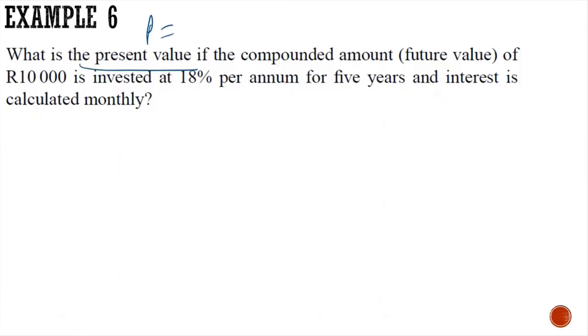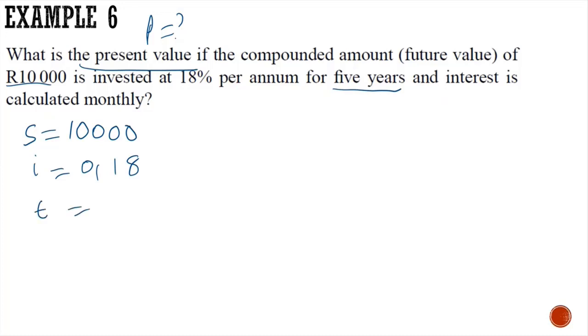We don't know what our P is. The compounded amount, that is the future value, you are told: your S is equal to 10,000, invested at 18%, so your I is equal to 0,18 per annum for 5 years.